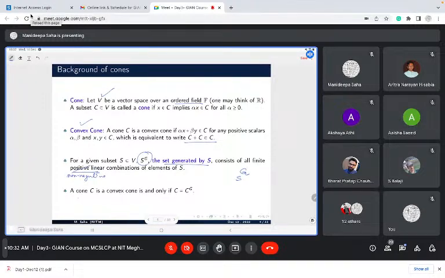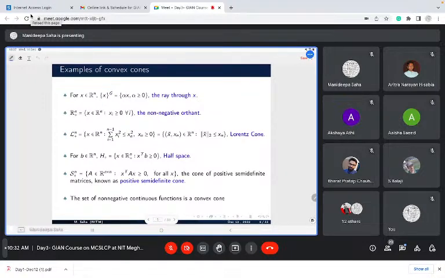And we know that a cone is convex if and only if C is equal to its generated set. Those are the things I already discussed. I just thought to remind you once again.